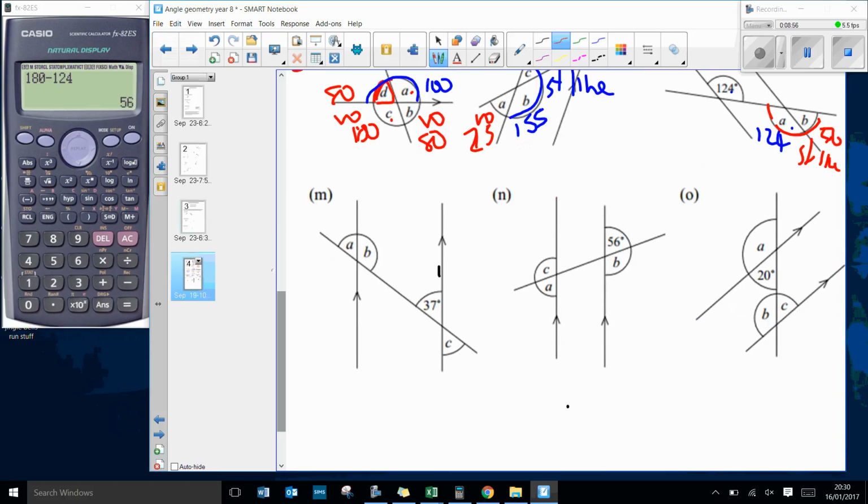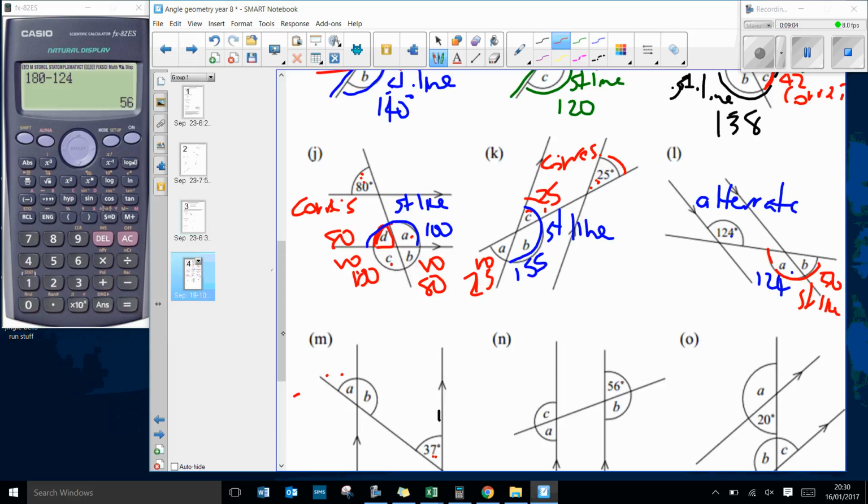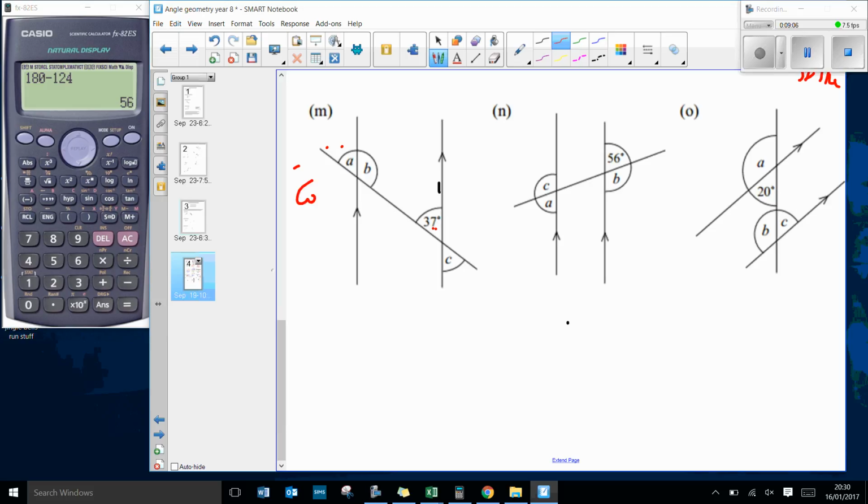Okay, A and 37 are corresponding angles, so that's 37. You've got a choice here. You can either do angles on a straight line, or you can recognize that B and 37 are co-interior.